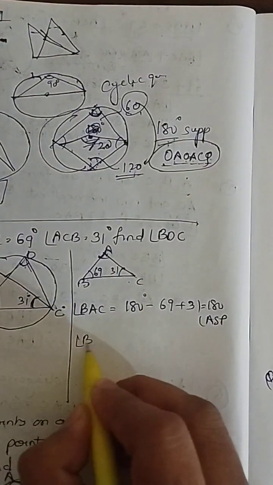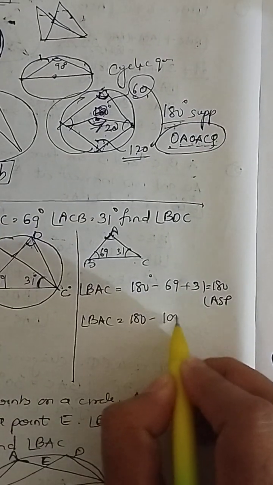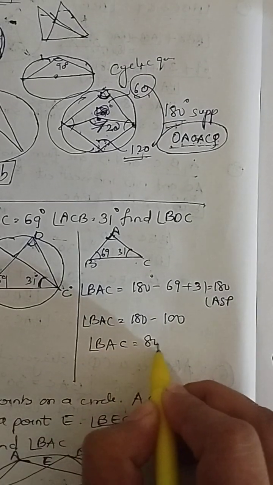So angle BAC is equal to 180 minus 100. So angle BAC is equal to 80.